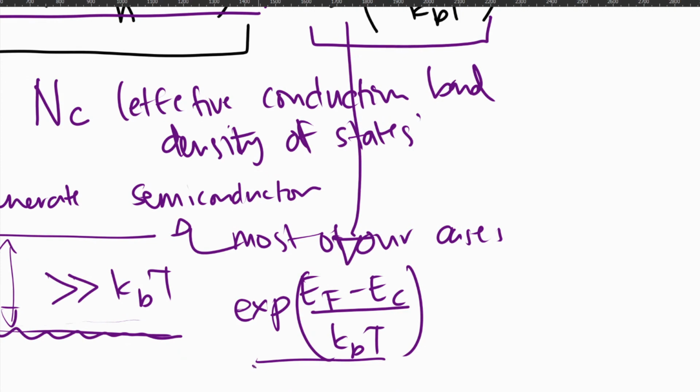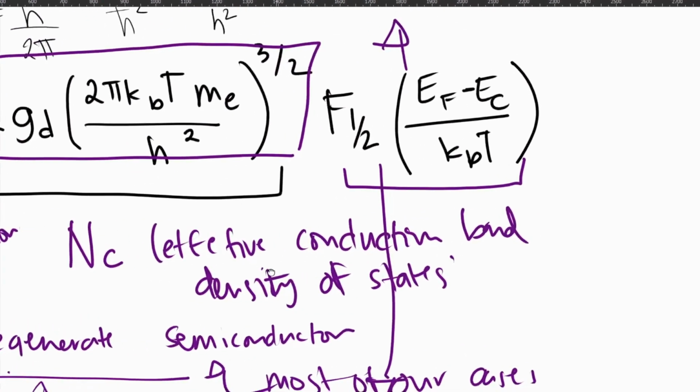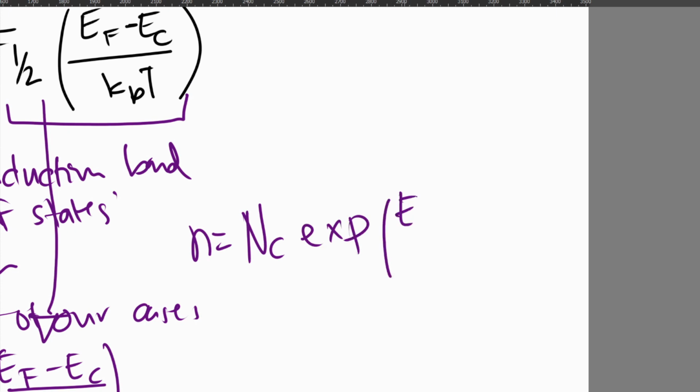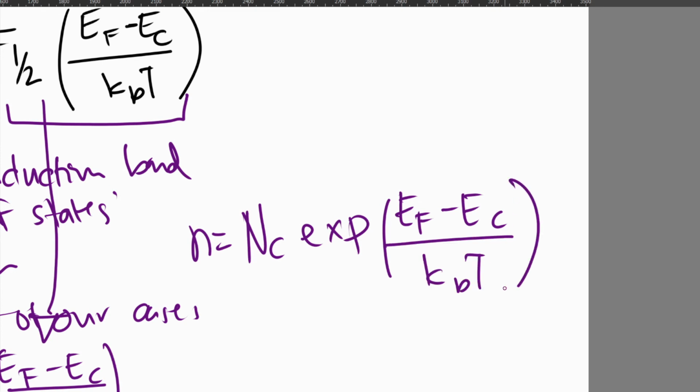It's the reducing term. Then, for a non-degenerate semiconductor, we'll get N is equal to NC exponential of EF minus EC over KBT. So that is the case for the concentration of electrons in the conduction band for a non-degenerate semiconductor. We have just a simple equation here.